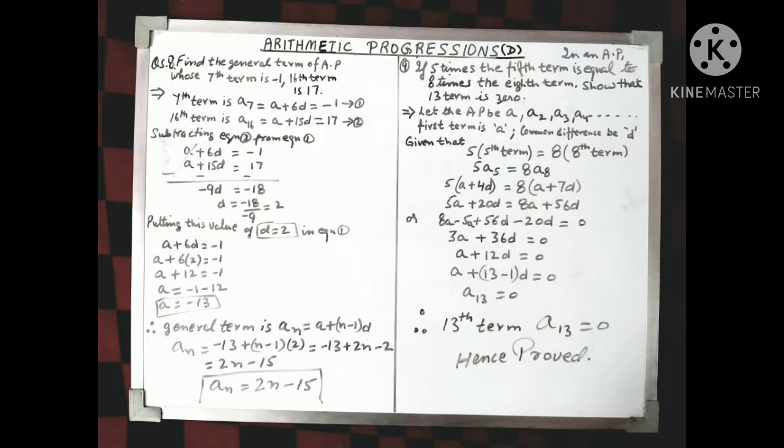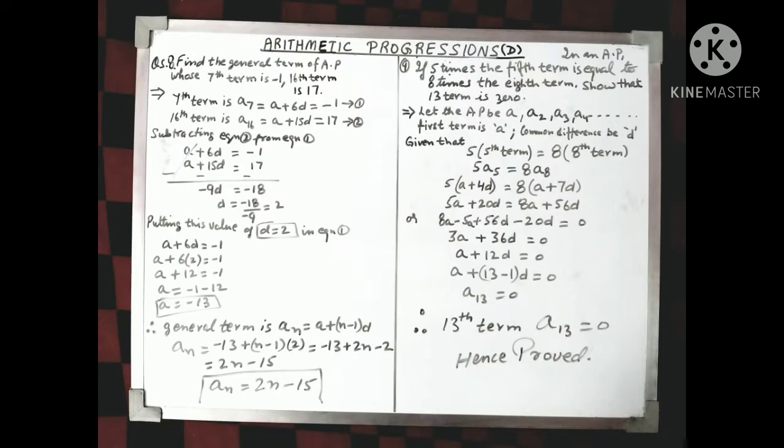That is 3a plus 36d is equal to 0, a plus 12d is equal to 0 if you take 3 common over here, and a plus 12d can be written as a plus 13 minus 1 d is equal to 0, and a plus 13 minus 1 d is written as a13.